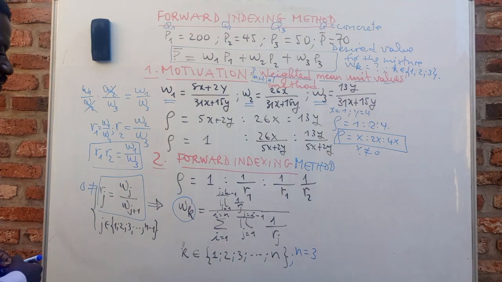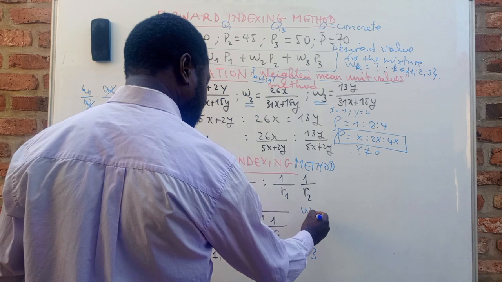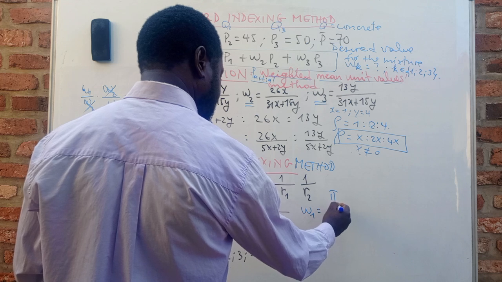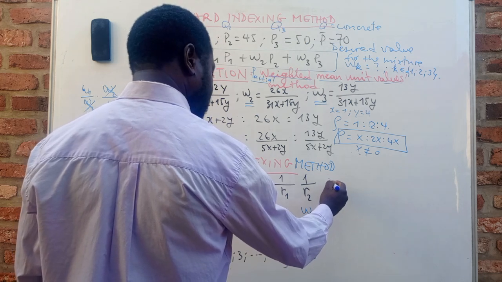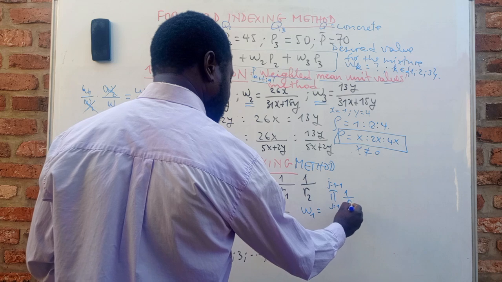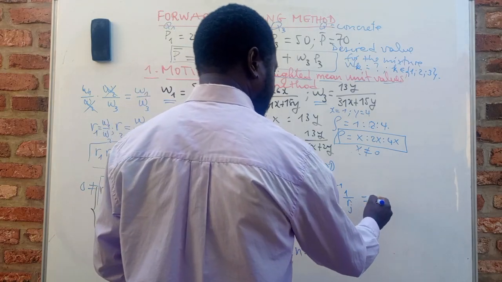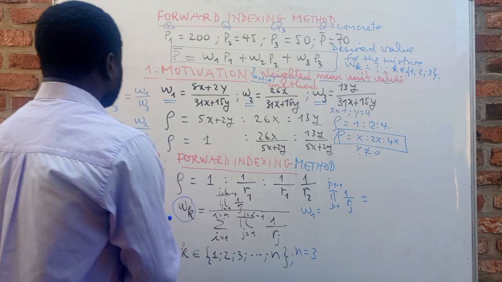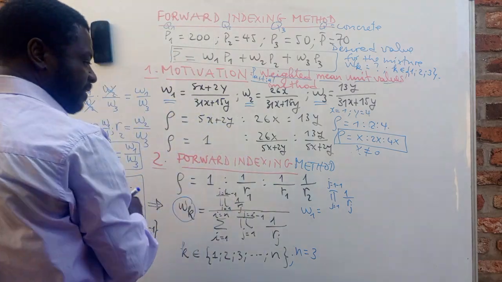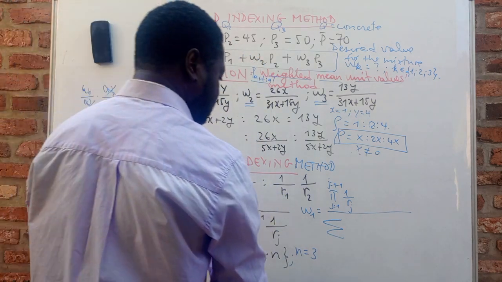The first weight will be the product from j equal to 1 until j equal to n minus 1 of the reciprocals of these ratios, divided by the sum of all such reciprocal products.